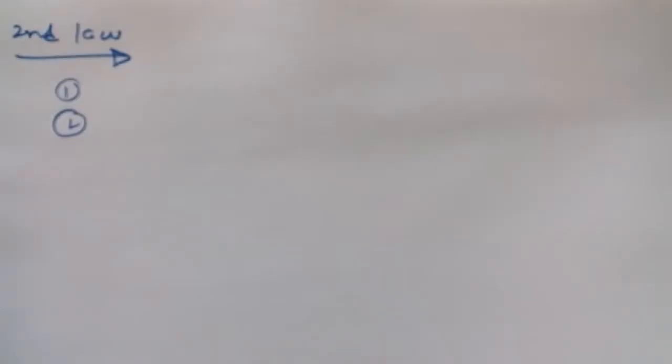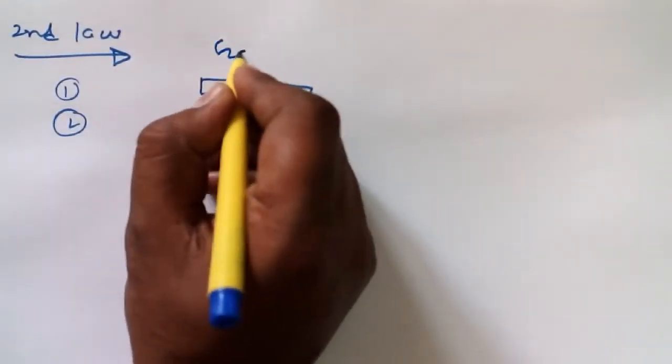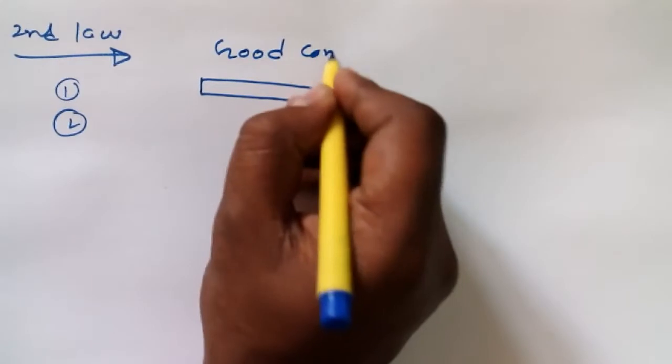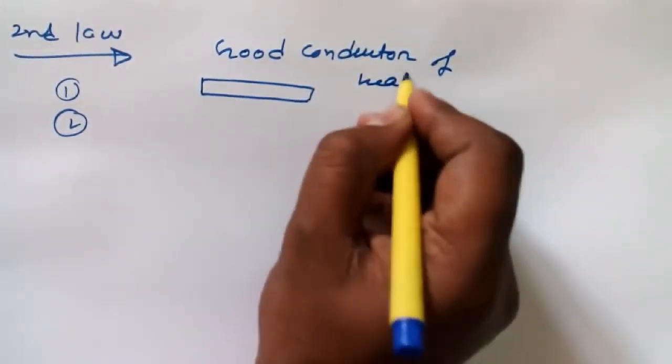The second law means, if there is a rod, and in this rod, again I'm considering this rod as a good conductor of heat.